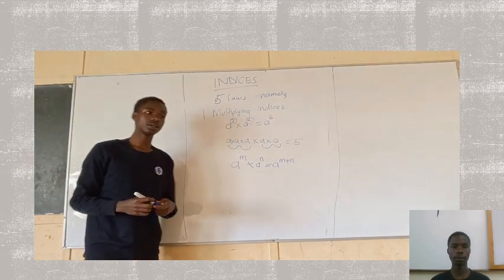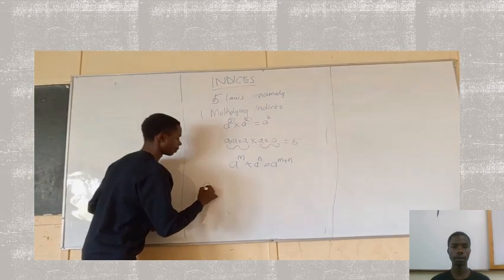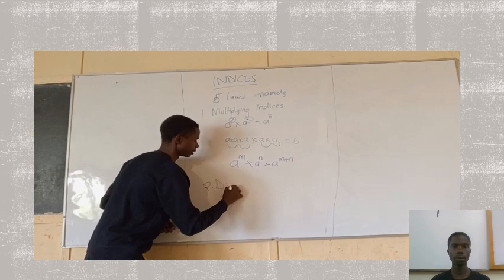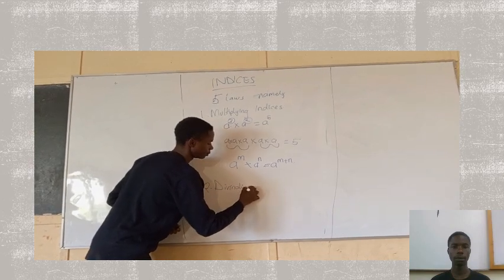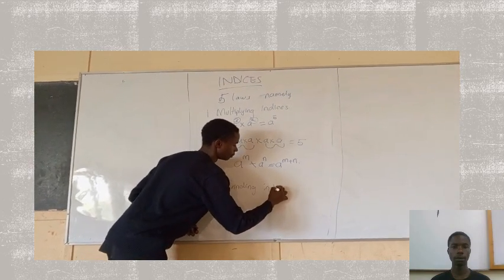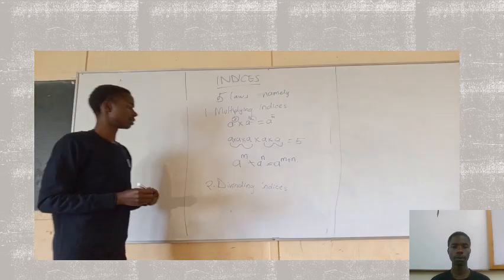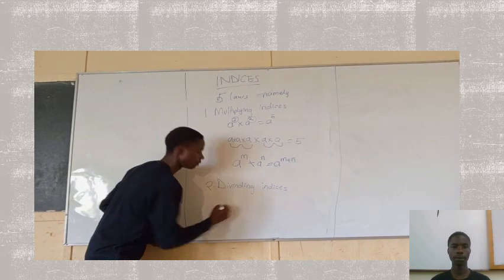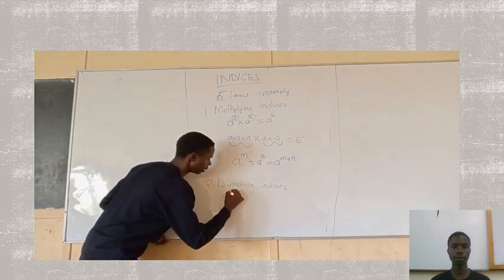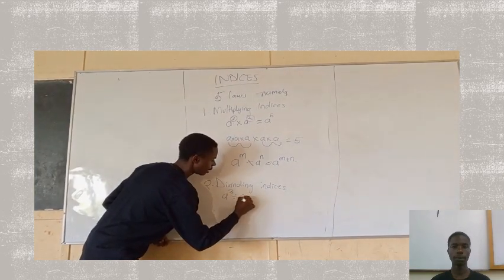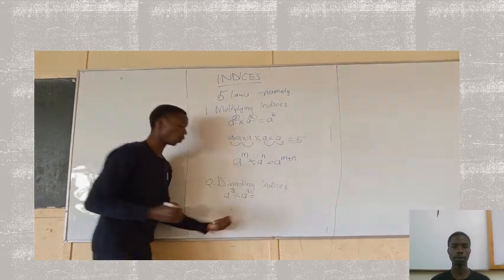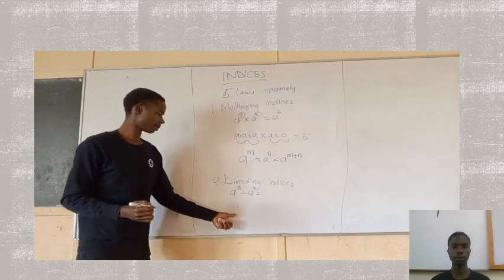The second law we are going to talk about is dividing indices. When dividing indices, for example, we have A power 3 divided by A power 2. What do we get when we divide this?